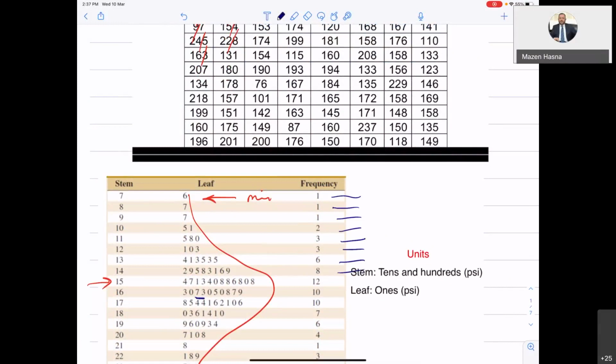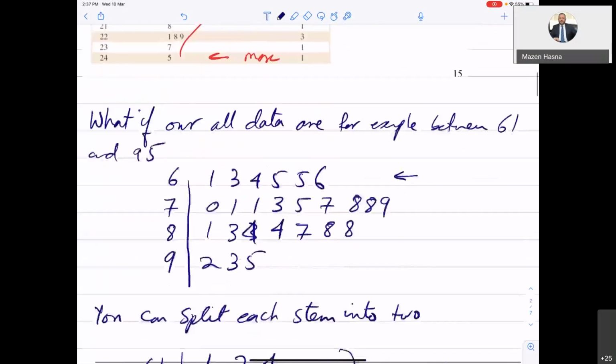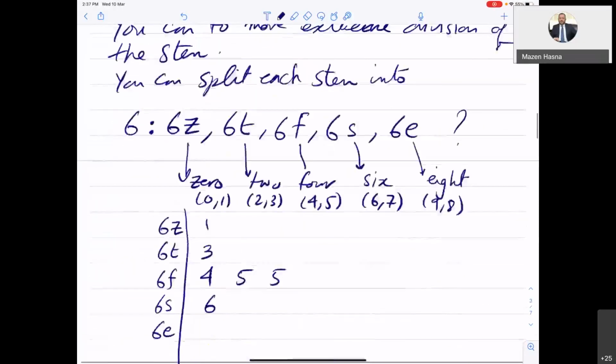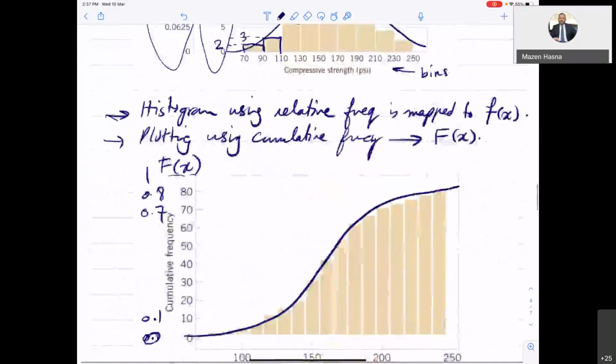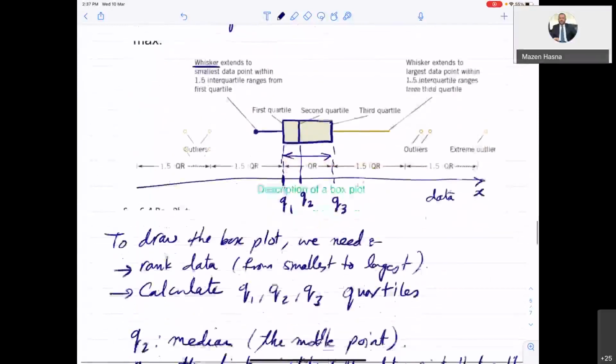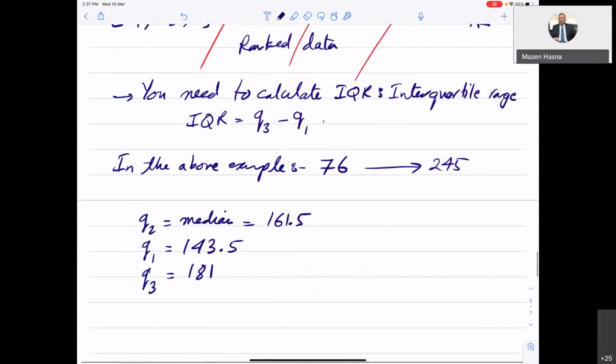So you have 167 and these are not ranked well. You need to rank your data from smallest to largest to calculate Q2. Q2 is the middle point. You need to rank the data to calculate it, and the same for Q3 and Q1.